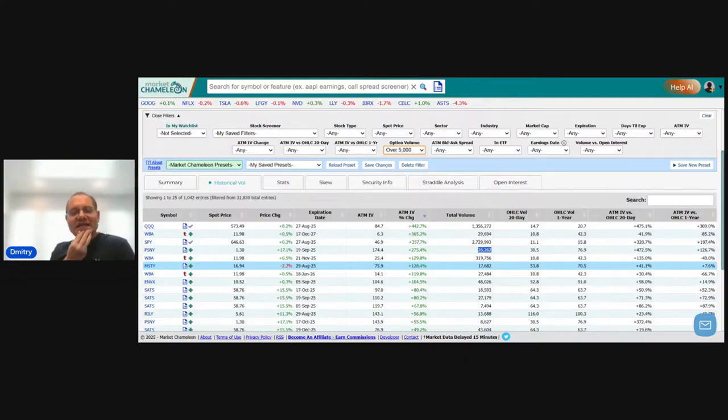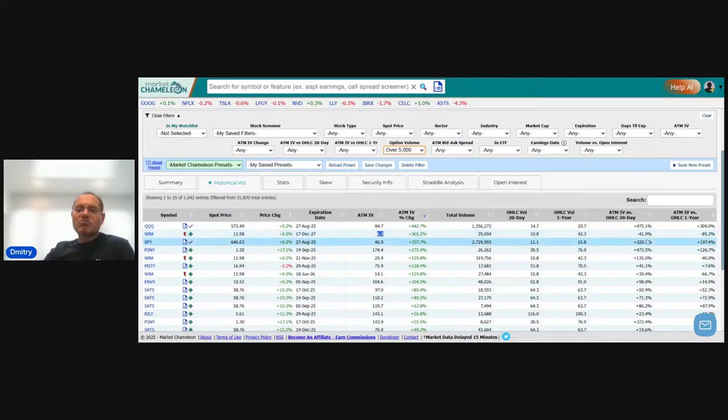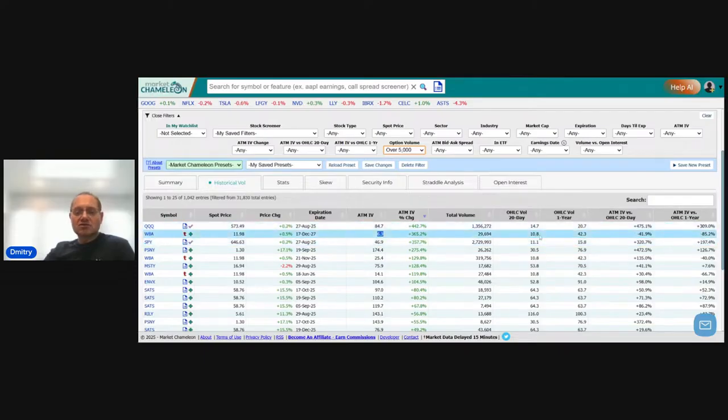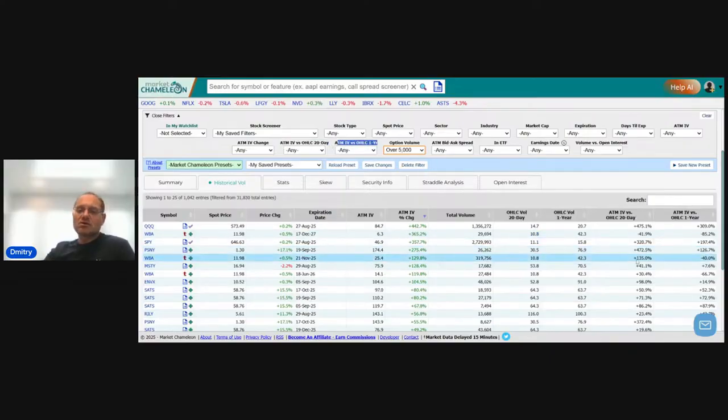So maybe the next step we'd want to take a look at. Well, let's first look at what we wanted to initially do, which is look for implied volatilities that are below the realized historical vol. We have two historical volatilities to reference on the screener.